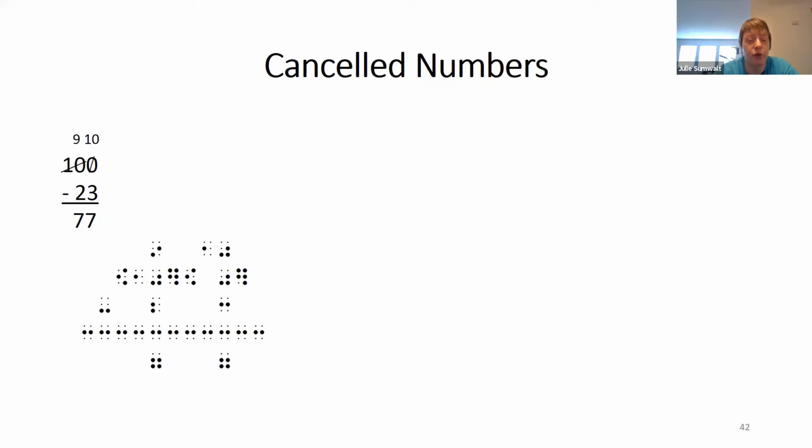That means 23 is spread pretty far apart, as is the answer 77. The separation line again sticks out 1 cell to the left and 1 cell to the right. Then let's take a closer look at the cancellation. So in the ones place, we have 0 canceled out. So we show that with dots 2, 4, 6, then 0, and the cancellation terminator, which is dots 1, 2, 4, 5, 6.